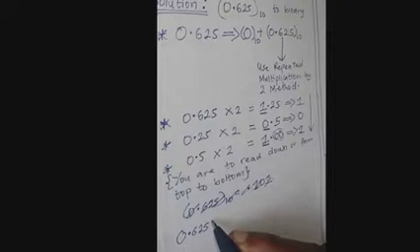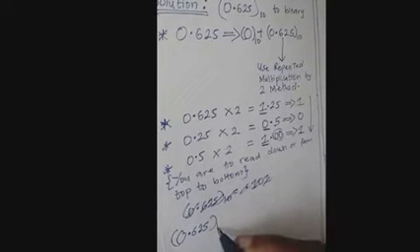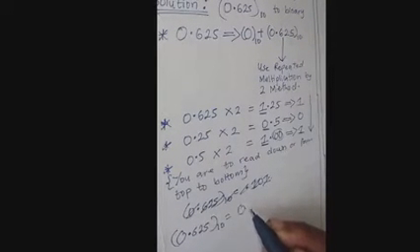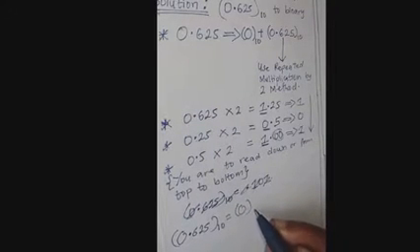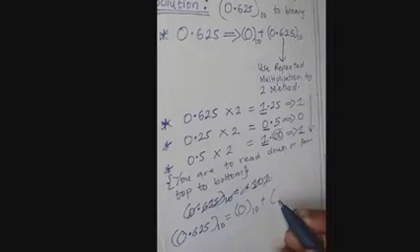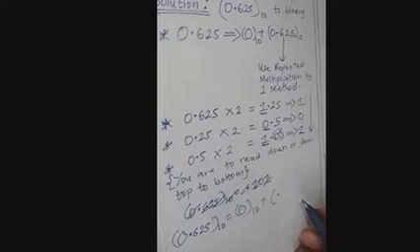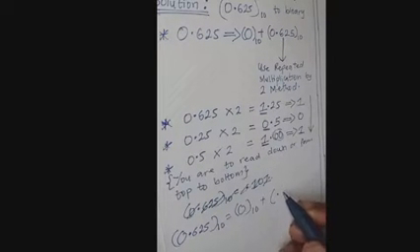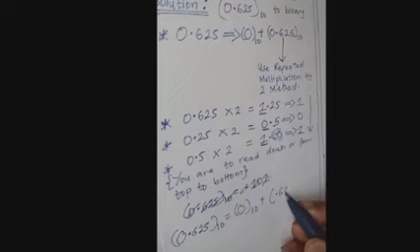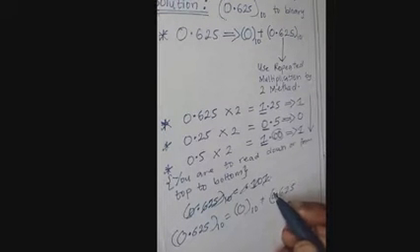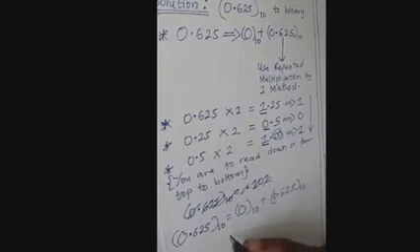Let me do it like this. 0.625 in base 10 is equal to 0 in base 10 plus dot 625, so we can put 0 here in base 10.